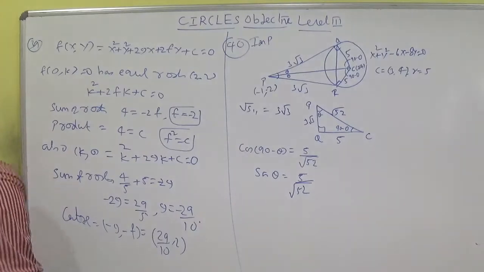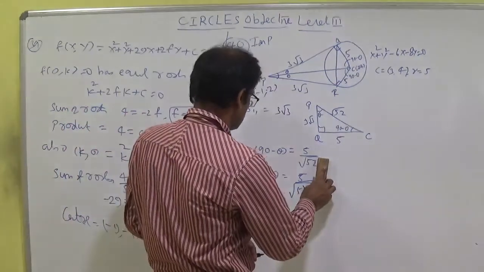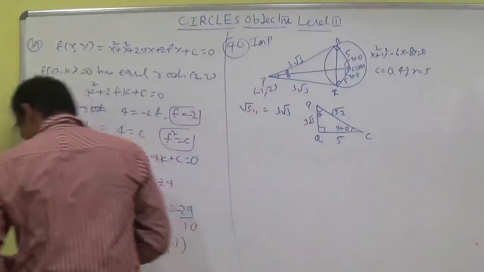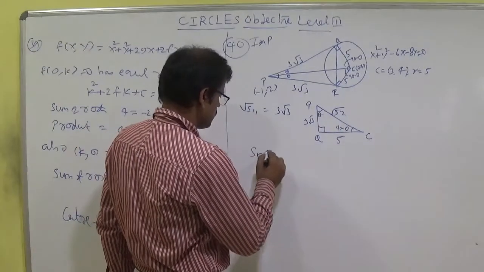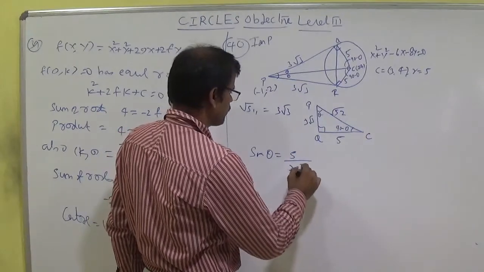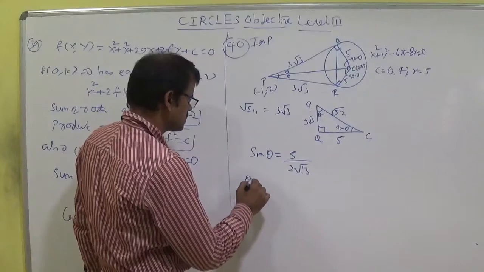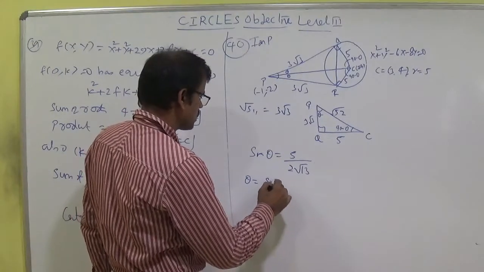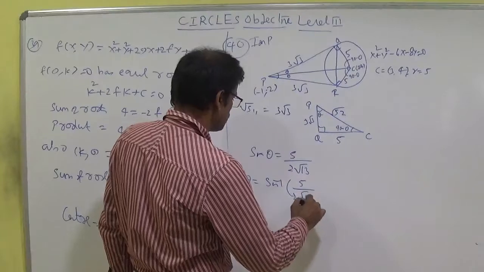Now, let us discuss sin theta. In this triangle, sin theta is equal to 5 by root 52, that is 5 by 2 root 13. Theta is equal to sin inverse 5 by 2 root 13.